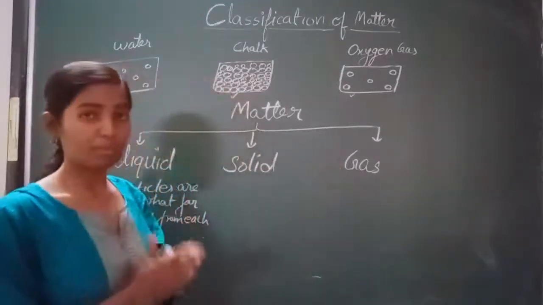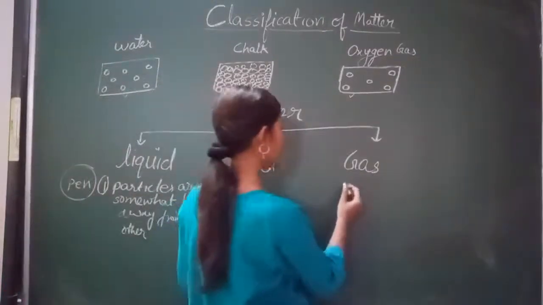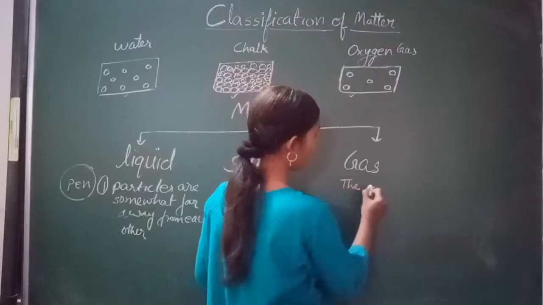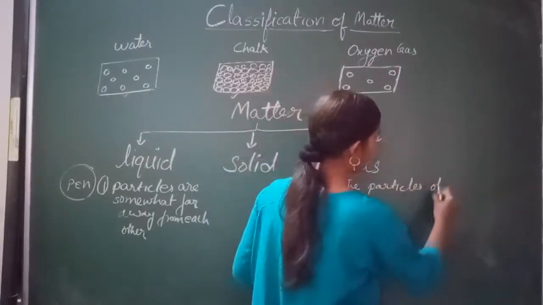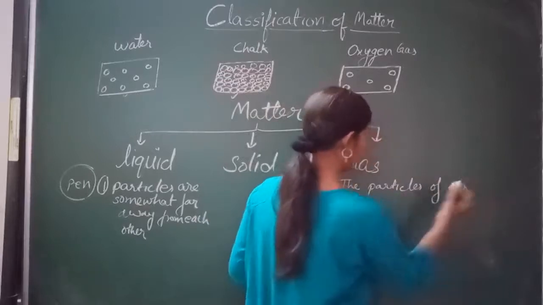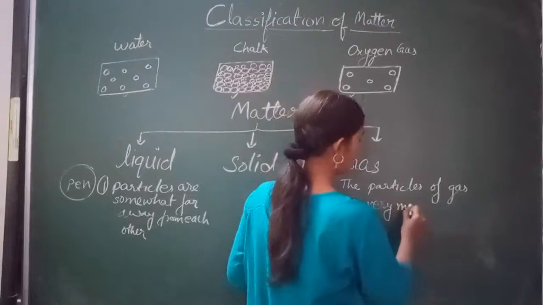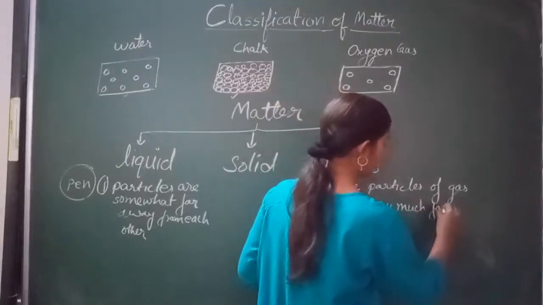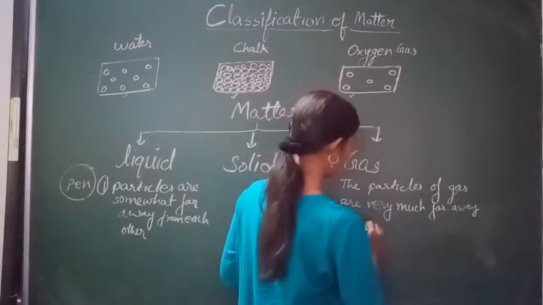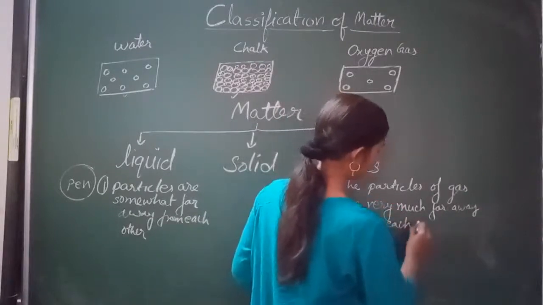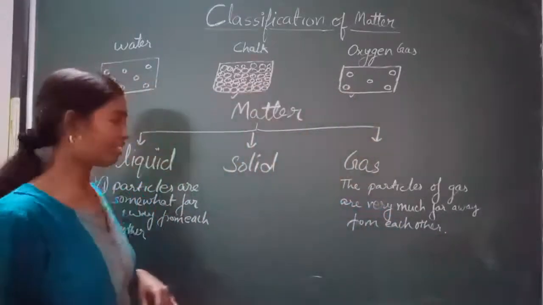In this the particles or molecules are very much far away. So for gas we can say the particles of gas are very much far away from each other. This is all about gas.